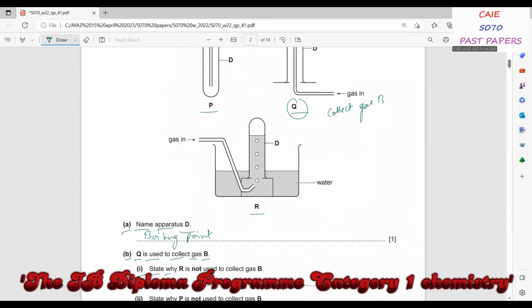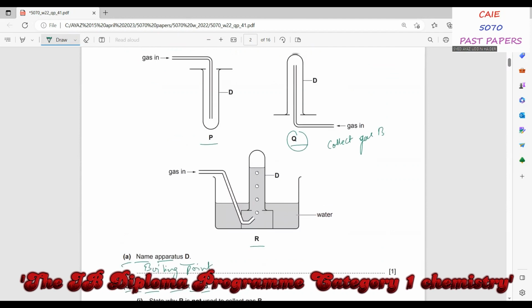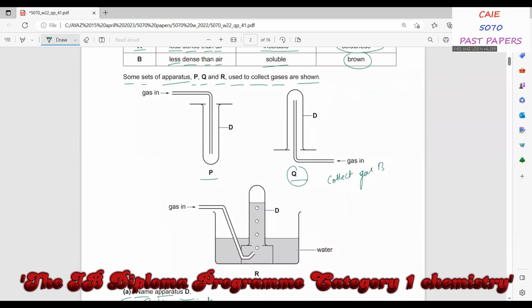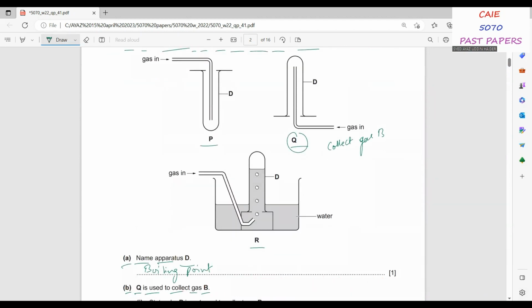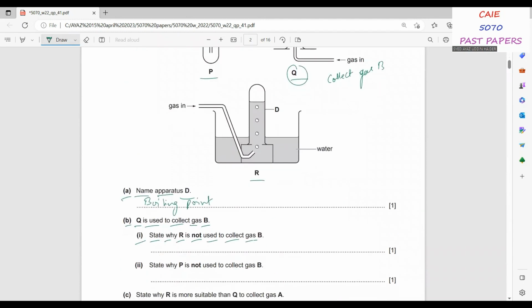Number 1, state why R is not used to collect gas B. So gas B is soluble in water. That's why you can't use R to collect B. So you write soluble in water.